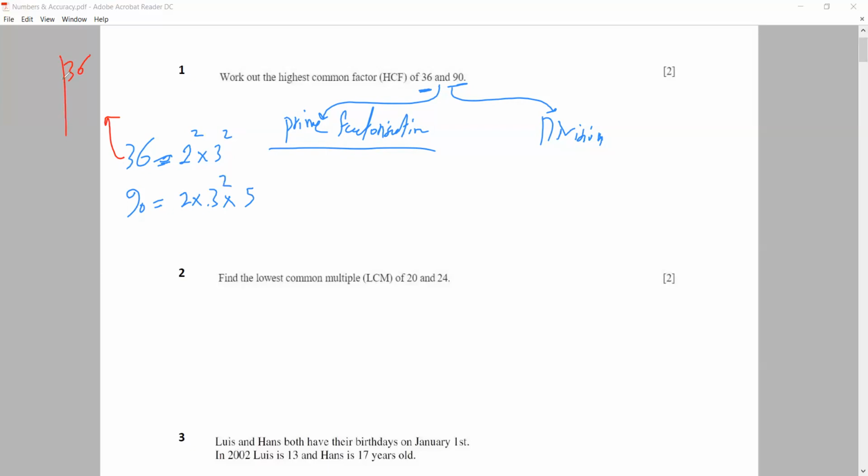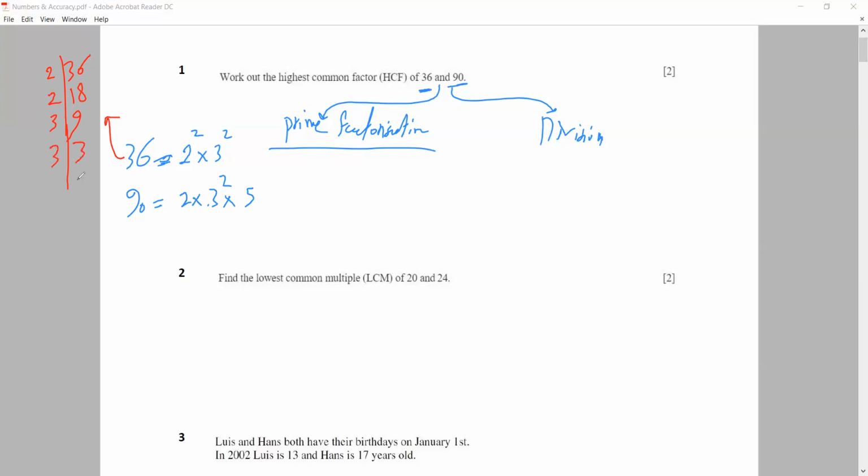For 36, you see what is the smallest prime factor that you can divide 36 by. That is 2. If you divide by 2, the quotient is 18. You divide that by 2 one more time, and you get 9. Now I move on to the next prime number, which is 3. You divide that by 3, you get 3.